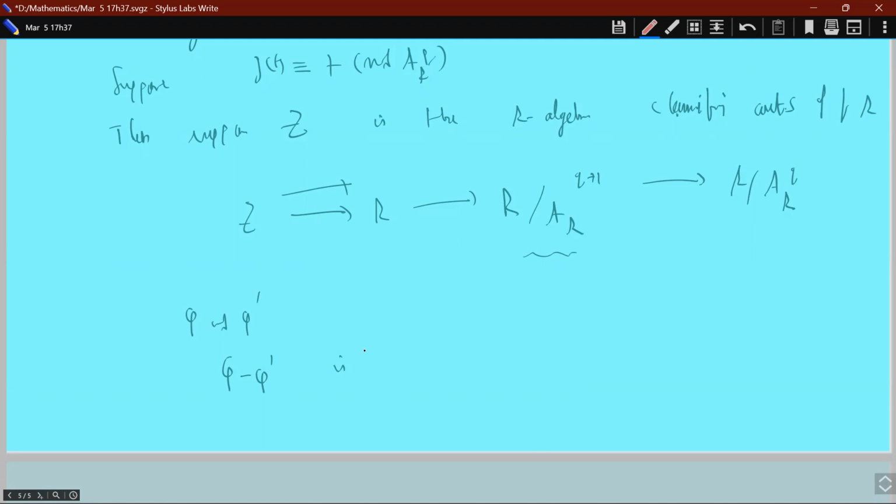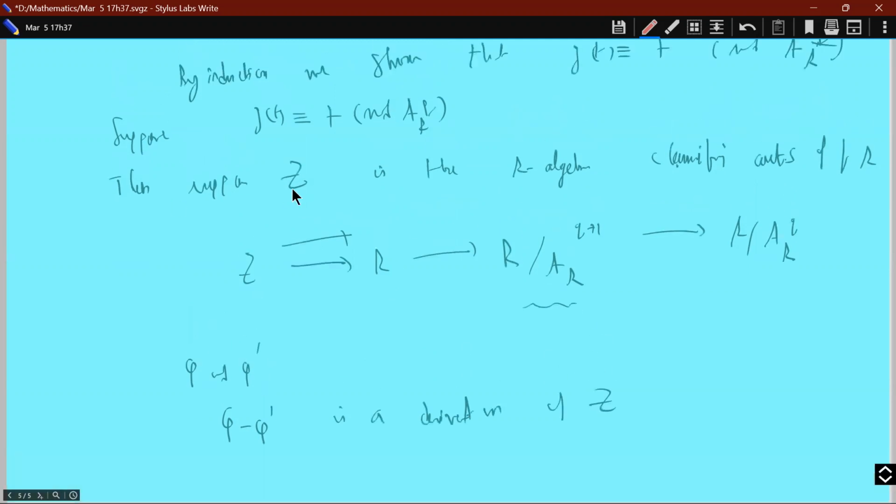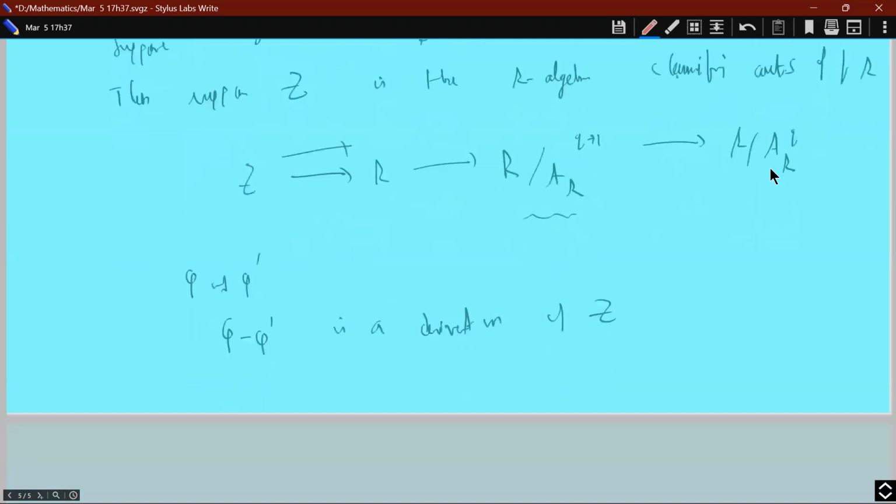So first this is a derivation of Z. Okay, so this is Z. Oh yeah. So it's the R algebra automorphisms of epsilon into what is this?